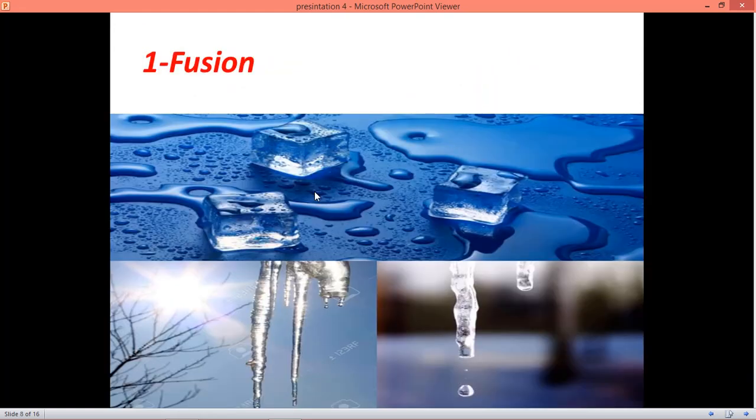Look at this picture. You can see these ice cubes are melting because of heat and changing to water. And in this picture, it's the same thing: this ice and freezing water is melting because of the heat of the sun.